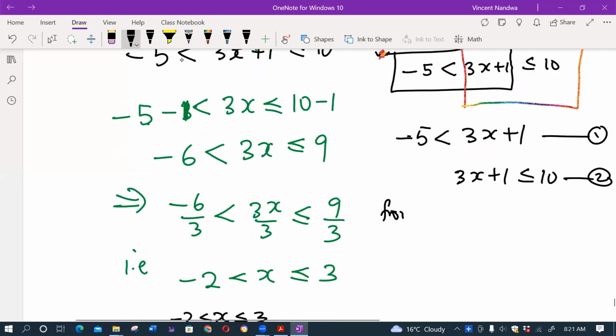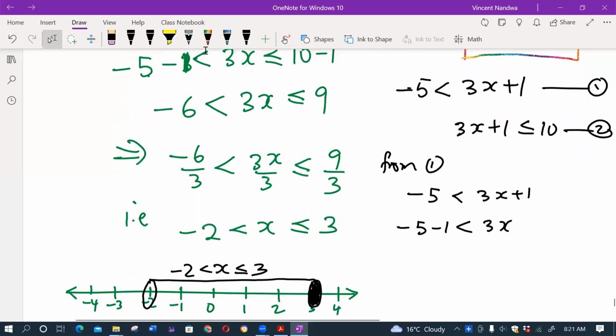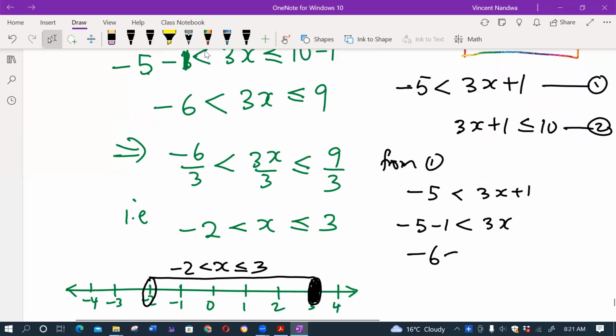So from the first, you will have -5 is less than 3x plus 1. So -5, take 1 to the other side, will be -6 is less than 3x. So which means divide through by 3, -2 is less than x.